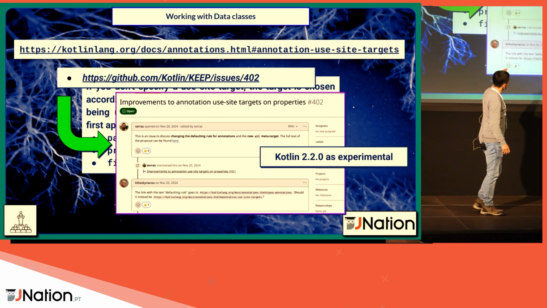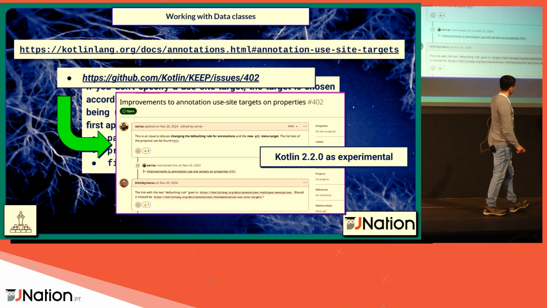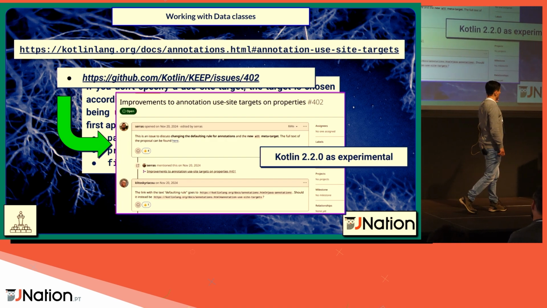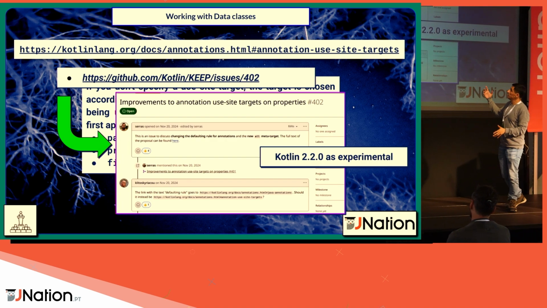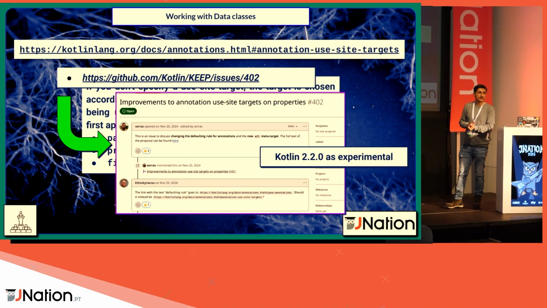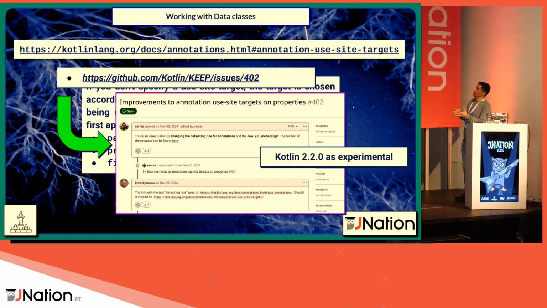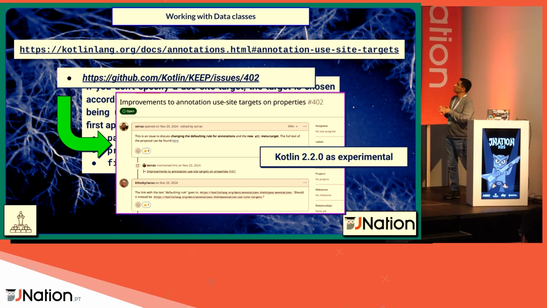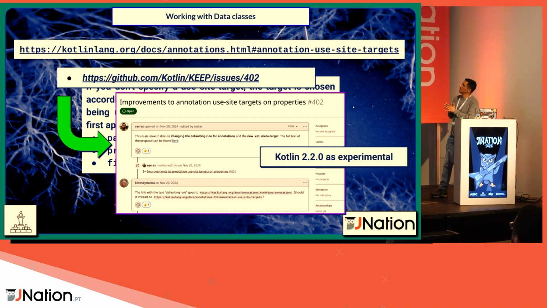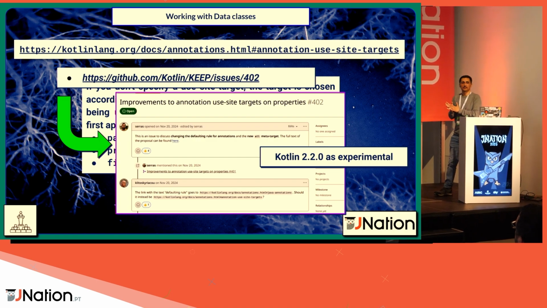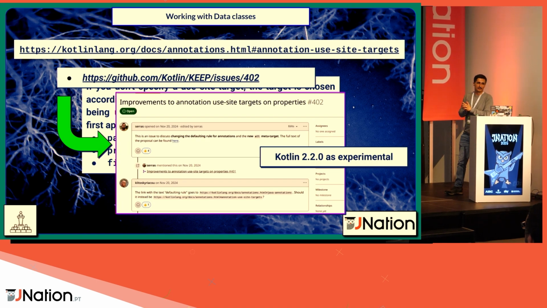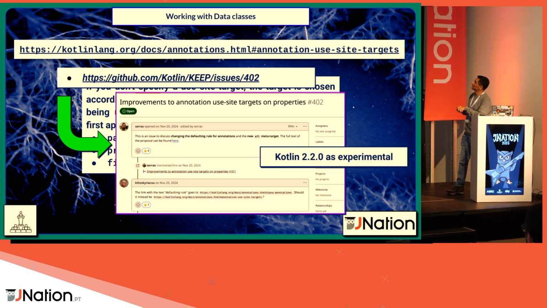What it means is that they are making changes in Kotlin 2.2.0, an experimental feature that will make the use of use-site targets easier. How far is that going to go? I don't know, because I'm not sure when that release will be available. But then probably the use-site targets will be a thing of the past. At least that's what I expect in the future.